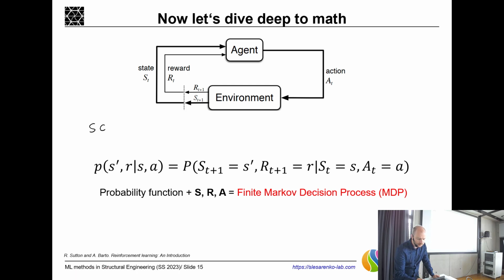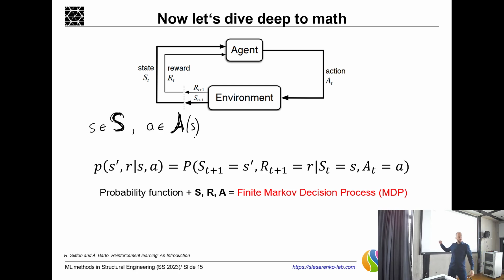States are picked from a specific set of possible states. So we know that in this maze game that I showed you, there are 25 states, and each state belongs to this set. Then we have an action, and in this case, action is an element of another set that depends on the current state S.